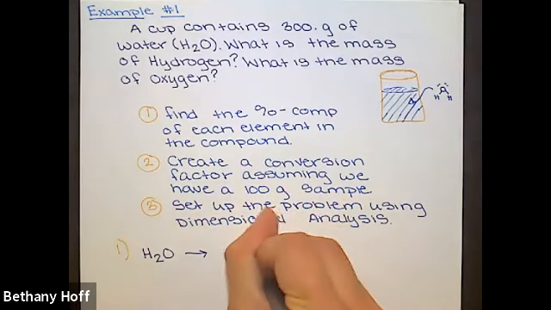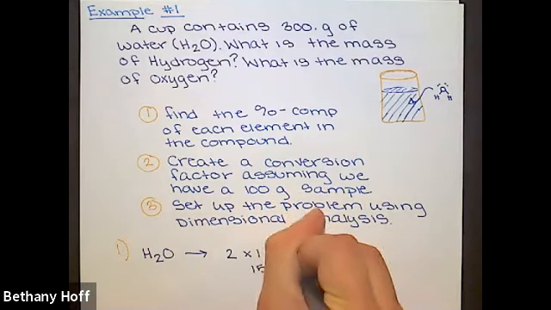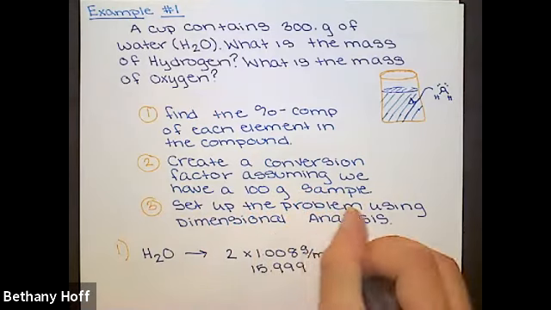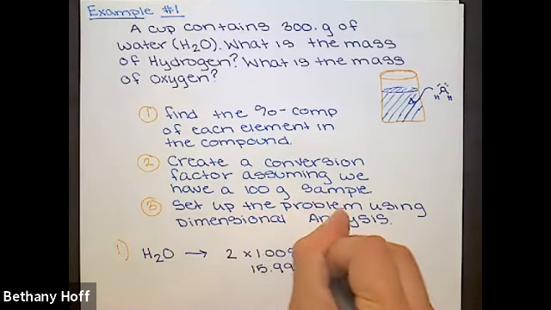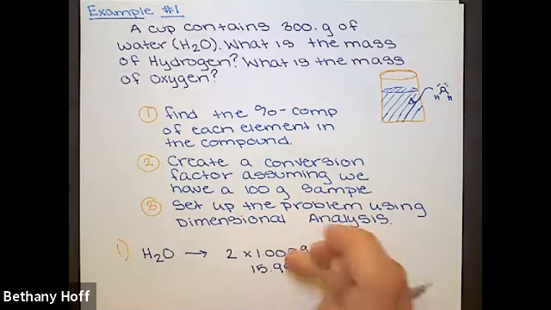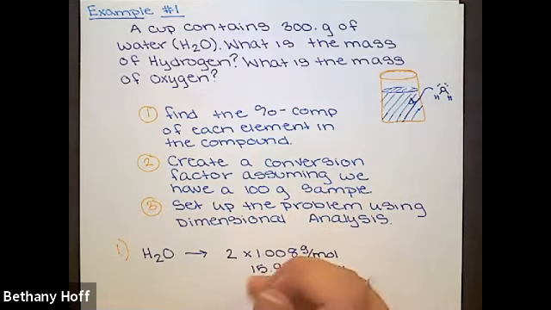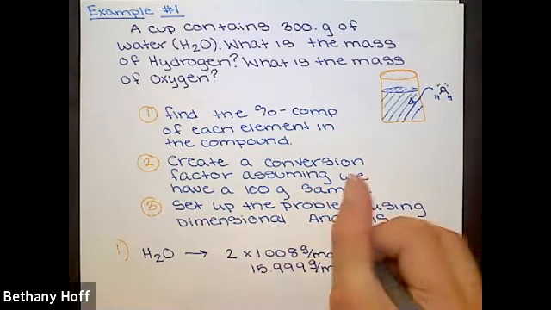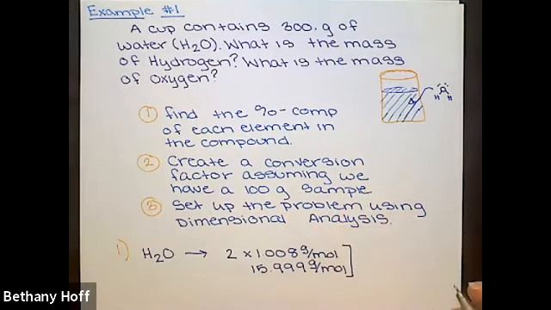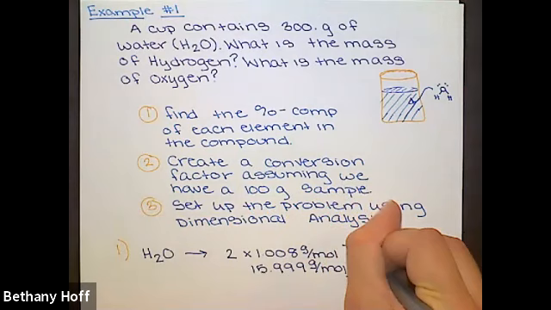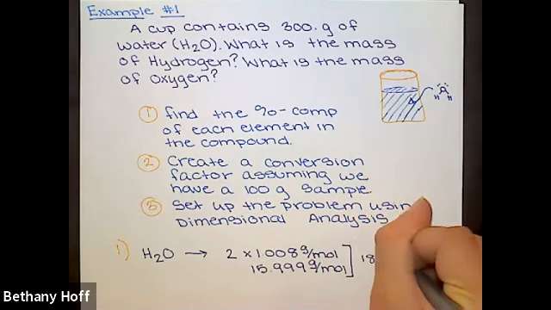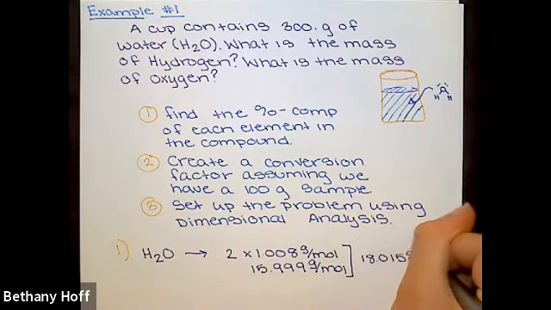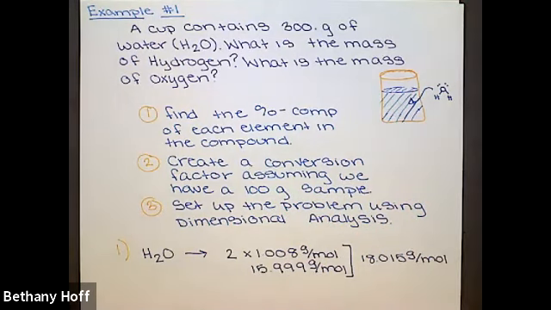It's composed of 1 oxygen, which has a molar mass of 15.999 grams per mole. Now remember, these values, my 1.008 and my 15.999, come from my periodic table. If I add those values together, I get 18.015 grams per mole, and that is my molar mass of water.